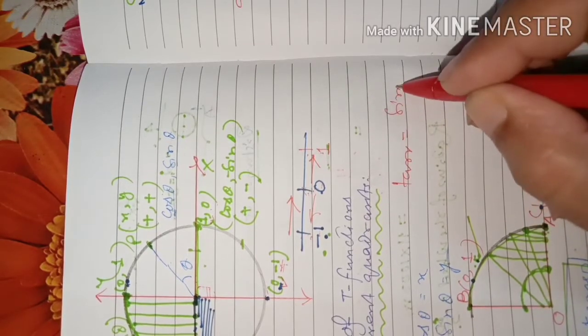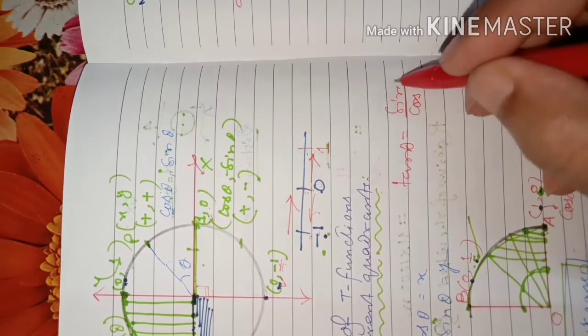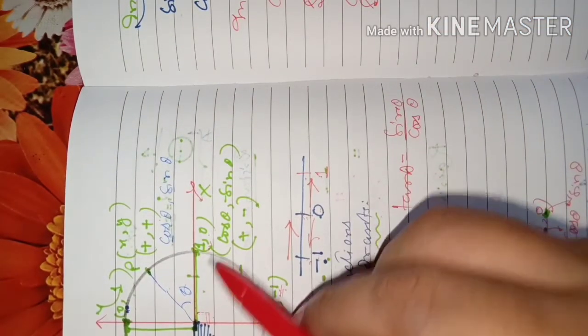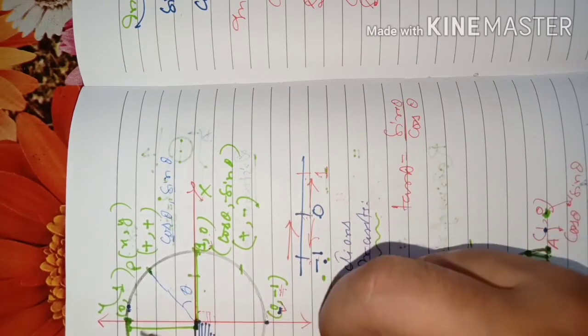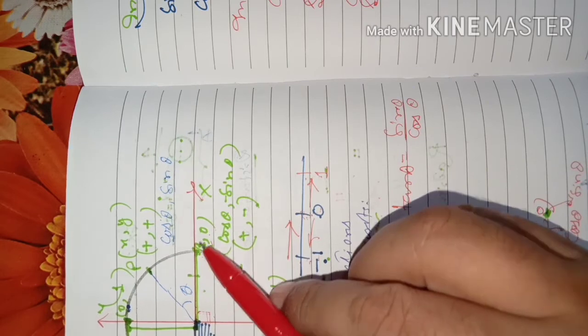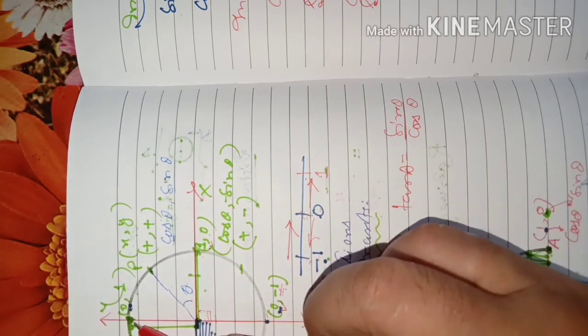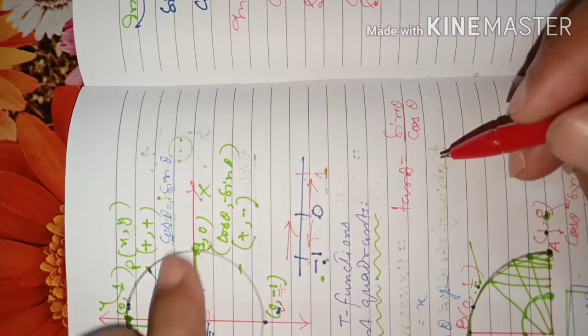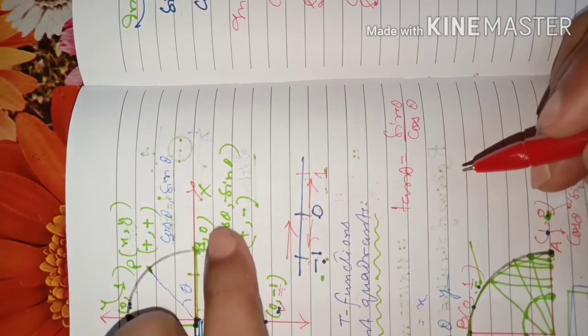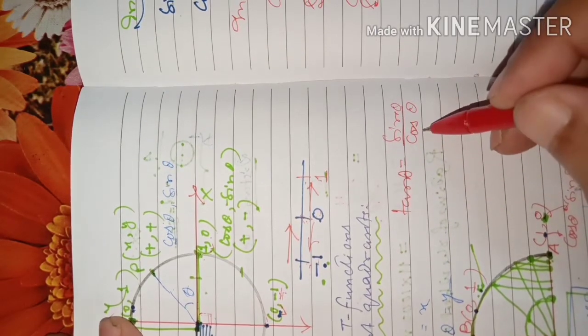Tan is sine divided by cos. Means tan theta is equal to sine theta by cos theta. Now you just think, sine theta maximum is 1 and minimum is 0. Cos theta is maximum 1 here and minimum 0. So if cos theta decreases and sine theta increases, then the denominator decreases.